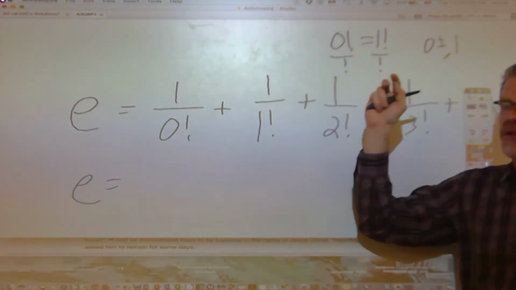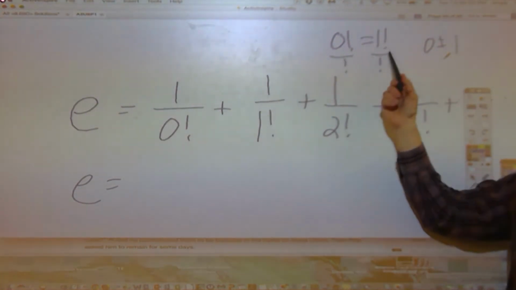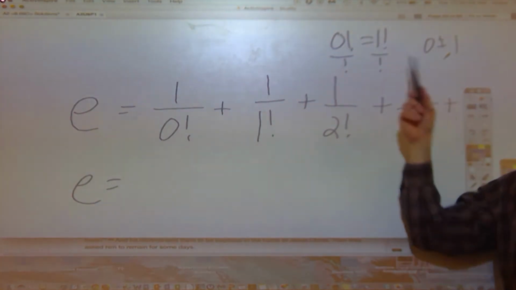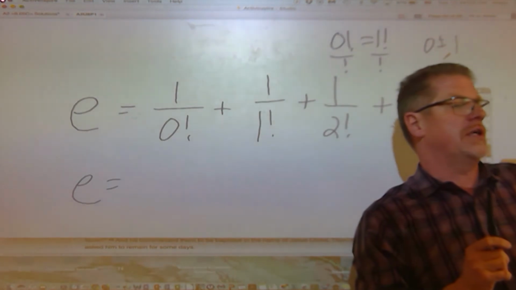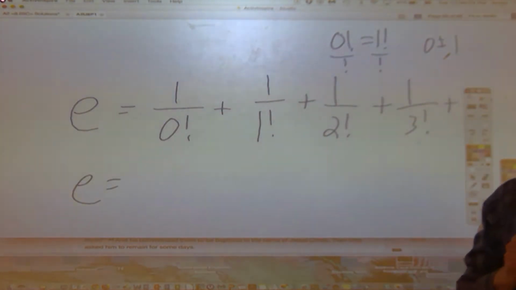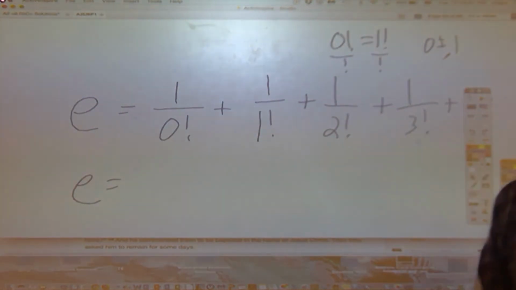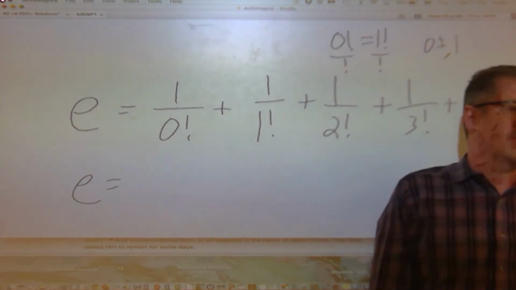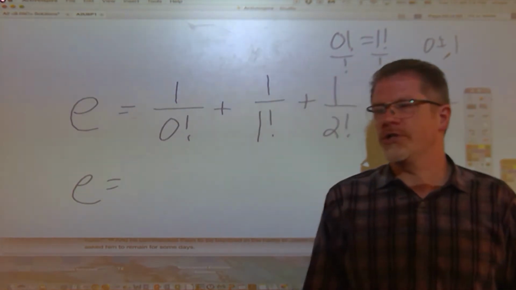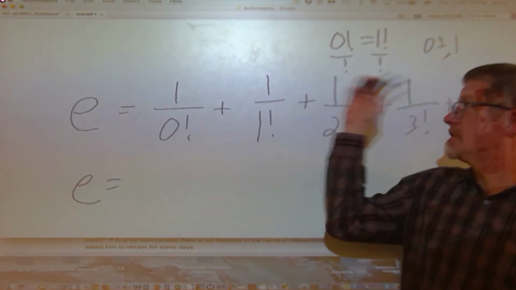Why is it that it seems like 0 is equal to 1? Well, what's wrong with the logic here? It is true that 0 factorial is equal to 1, and that 1 factorial is equal to 1. So why is it that 0 is not equal to 1? Suppose someone tried to teach the children that 0 is equal to 1, and they say, here's the proof.